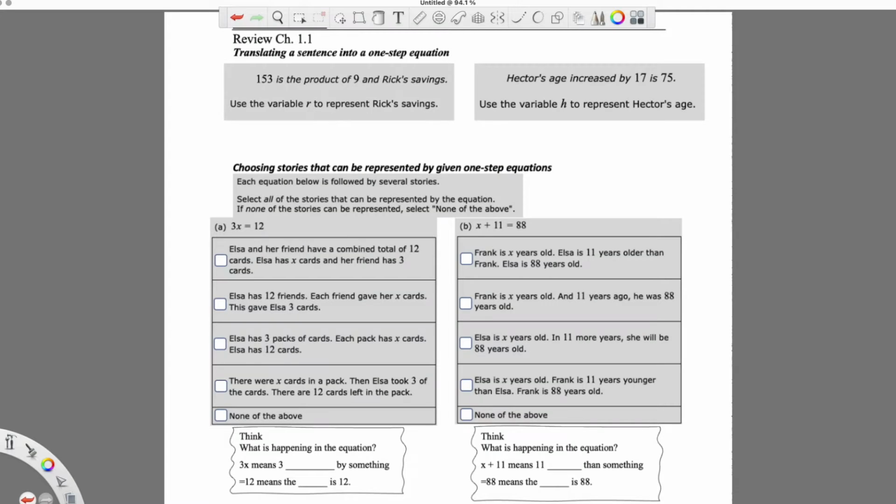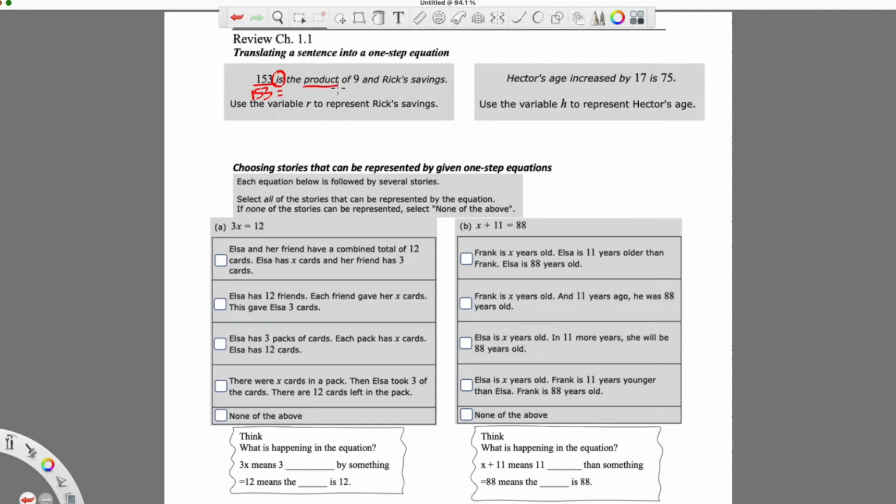So let's go back really quick and look at this one. Hopefully it's pretty straightforward. The only thing that's not on that graphic is the word "is." Anytime you hear the word "is," it means equals. So 153 is the product.